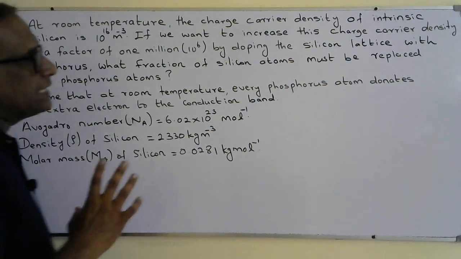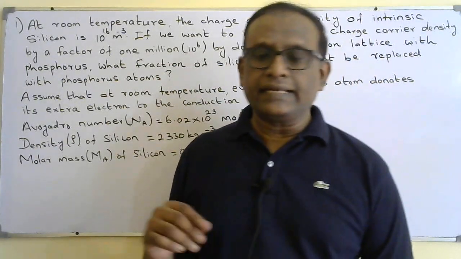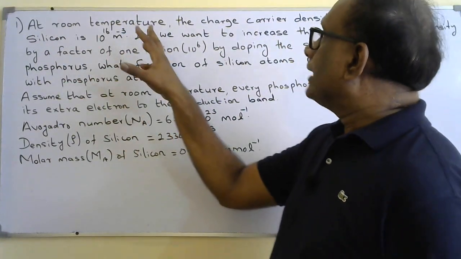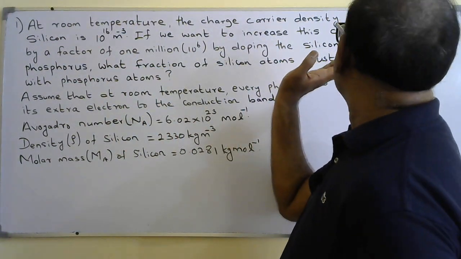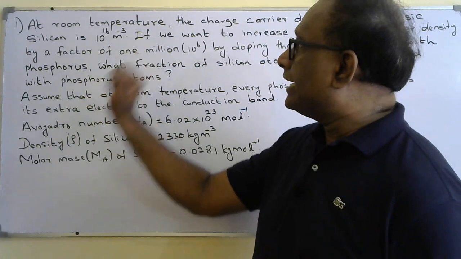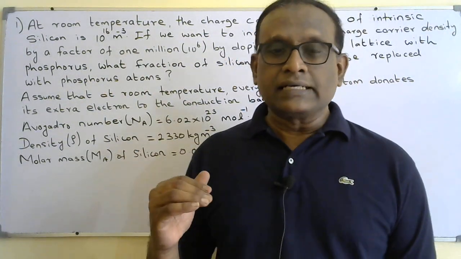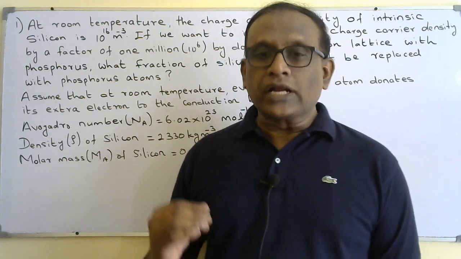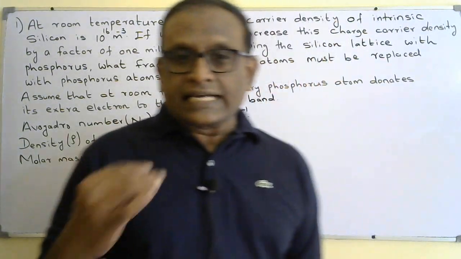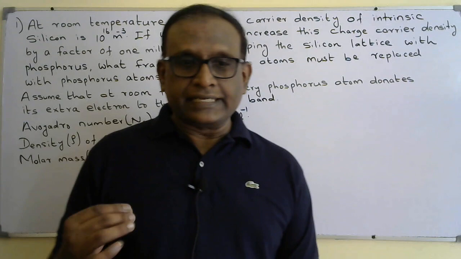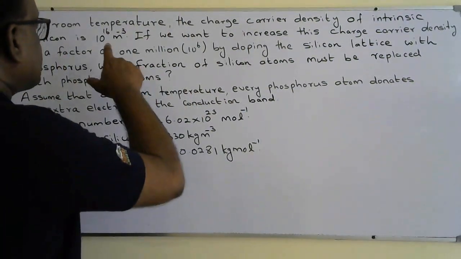Okay, so in this question, it's mentioned that at room temperature, the charge carrier density of intrinsic silicon is 10 to the power 16 per meter cube. That means in the intrinsic semiconductor, the delocalized electrons or conduction electrons per meter cube is 10 to the power 16.